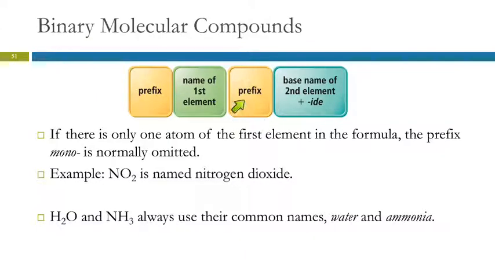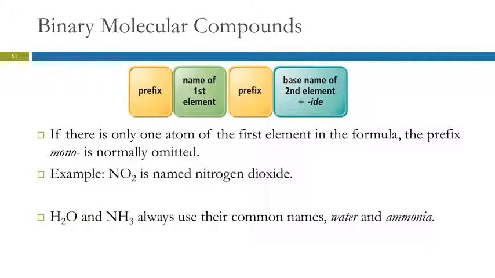So here the last one does change its name. They're kind of pretending that it's a metal and a nonmetal, but they're not. So: prefix, element name, prefix, element name with the ending changed to "-ide".